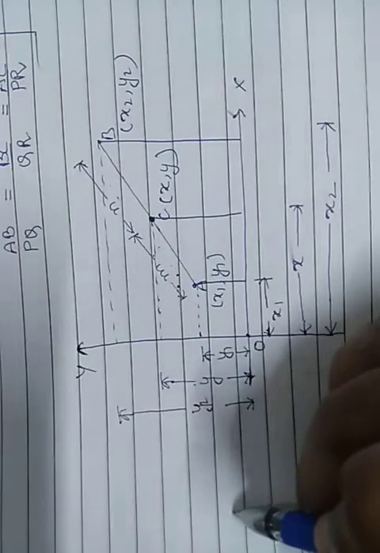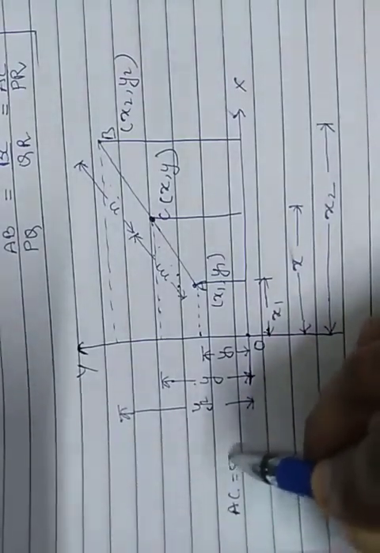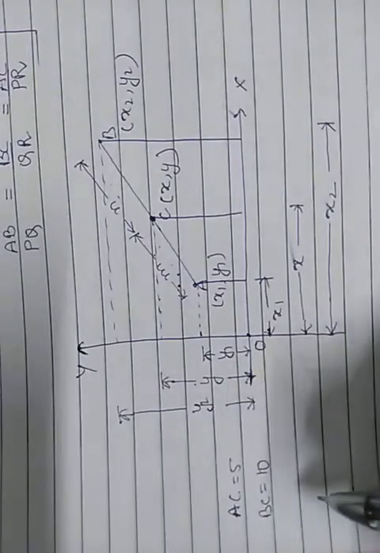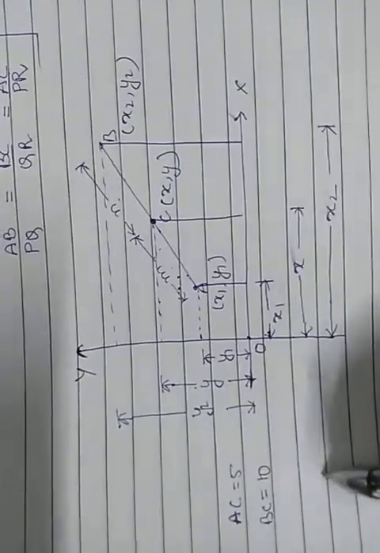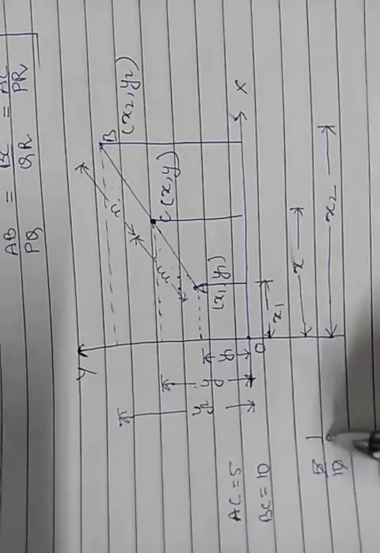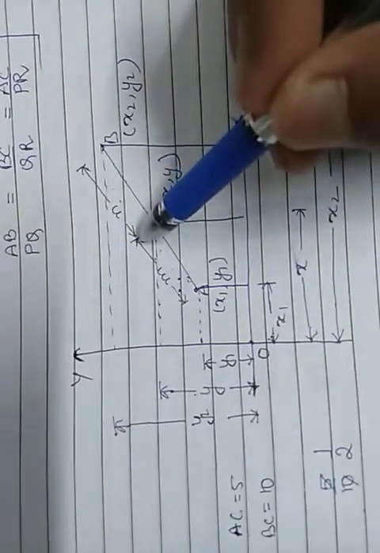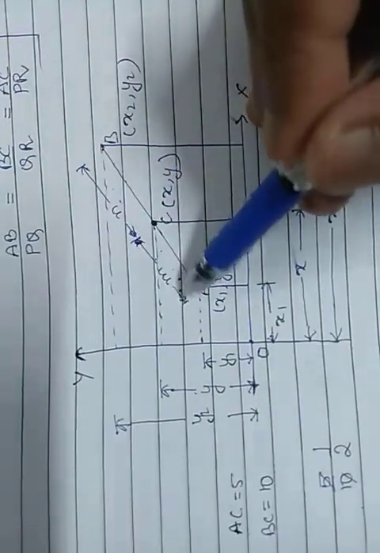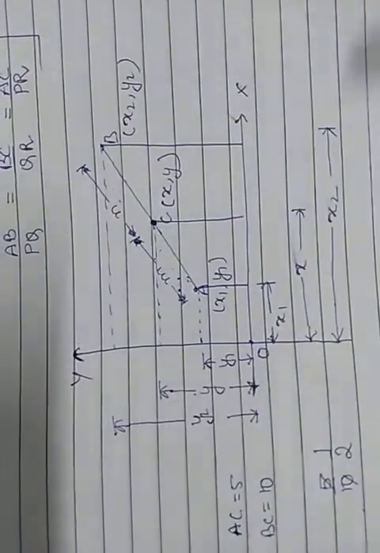Like if AC is 5 and BC is 10, now the sides are 5 and 10, but the ratio may be different. 5 upon 10 is equal to 1 upon 2. So here it is the ratio m to n. So this diagram is a little bit incorrect. I cannot represent it as a side. This is just a ratio m to n.